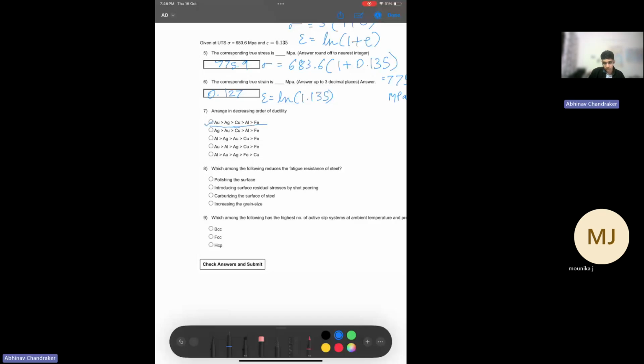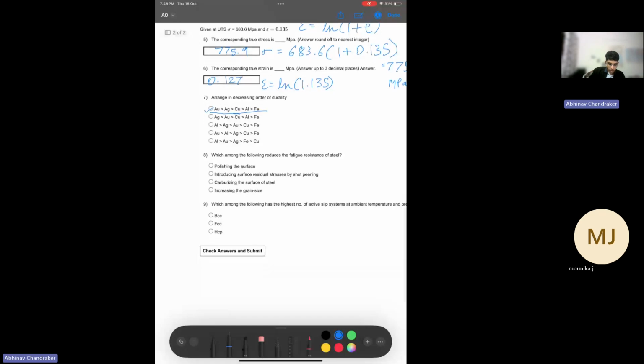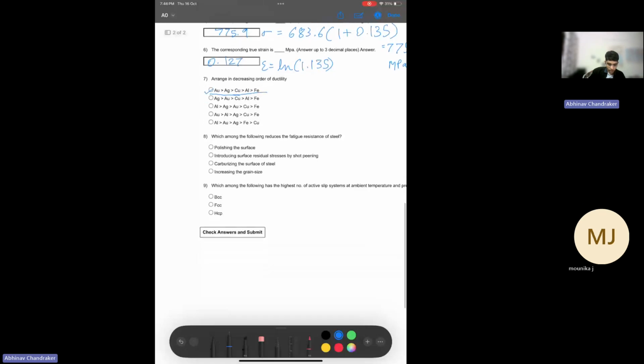Because at room temperature, iron exists in BCC, so it is quite difficult to deform and has much less ductility compared to others. This is closely related to ease of drawing or ease of deformation, ease of metal forming or changing the shape of the material. So drawing is easiest for gold and most difficult for iron.